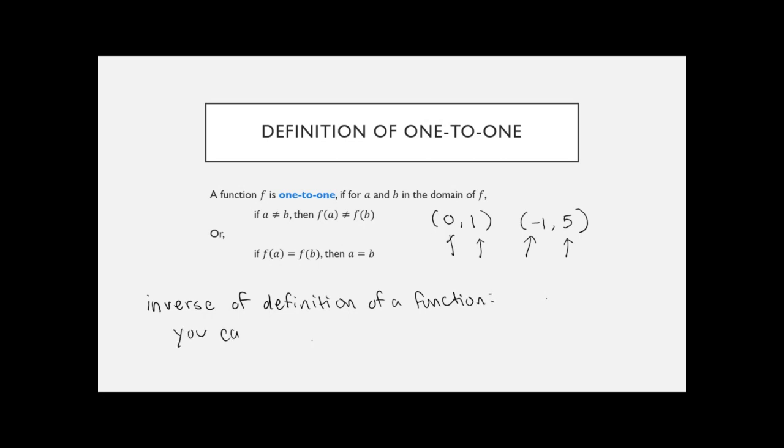So you can't have the same Y values at different X values. If you have matching Y values, then they have to be the same X or the same point in order for it to be considered one-to-one.